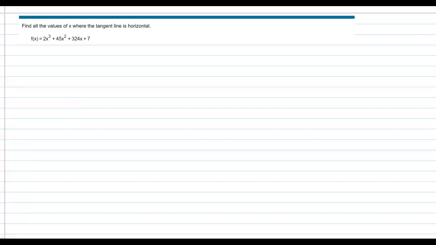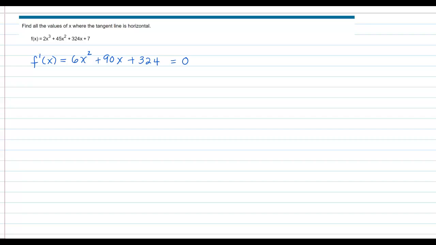So let's find the derivative first, f prime of x. That is equal to 6x squared plus 90x plus 324. And then now equate this to 0.